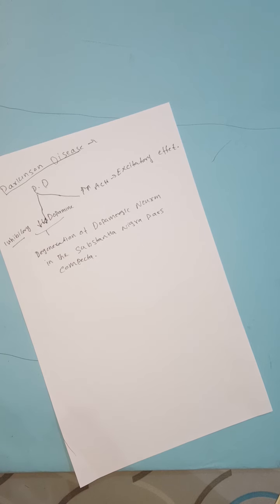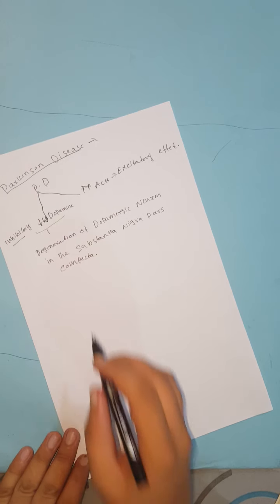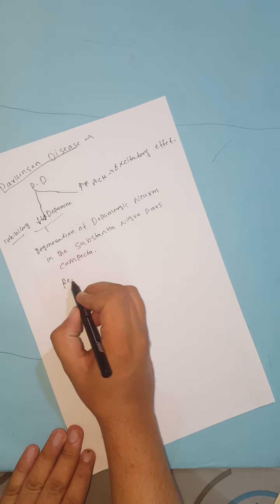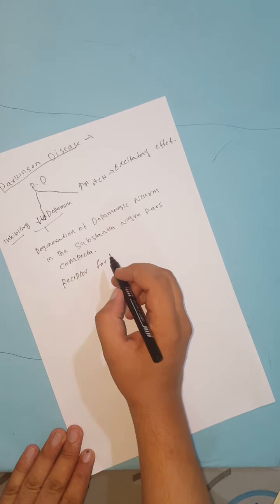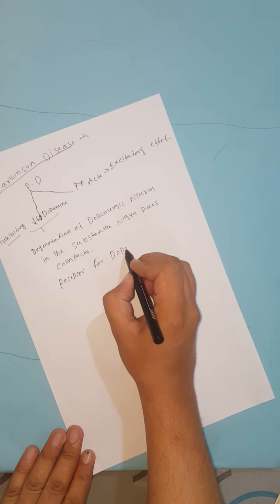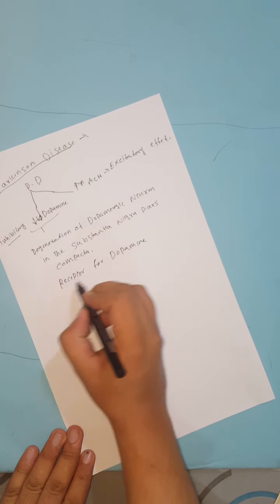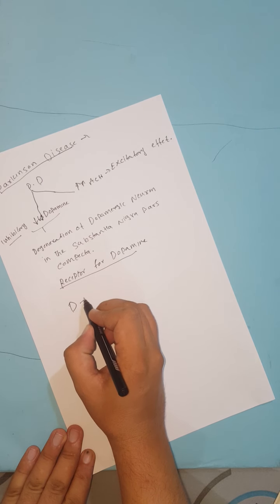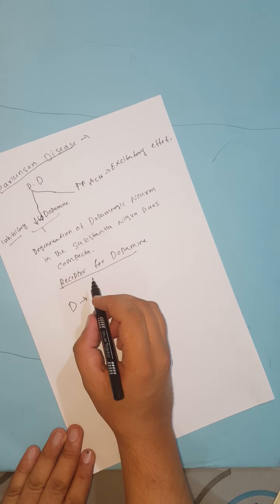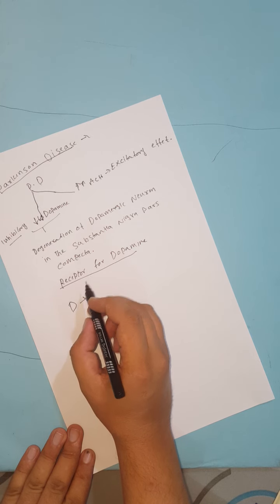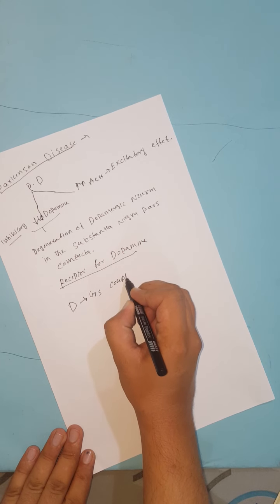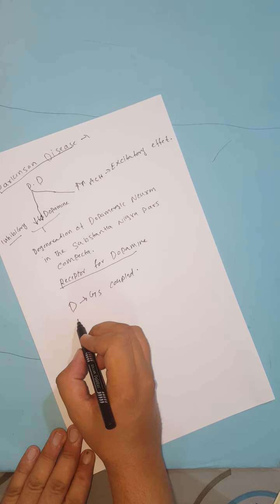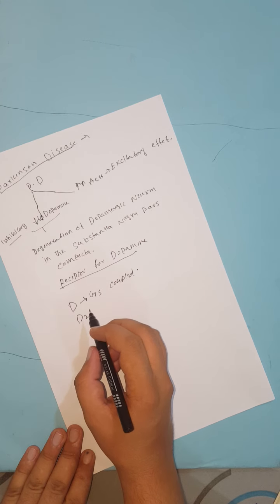The receptors for dopamine are D1 and D2. D1 are present in other systems and are Gs coupled, and D2 are D2A and D2C.